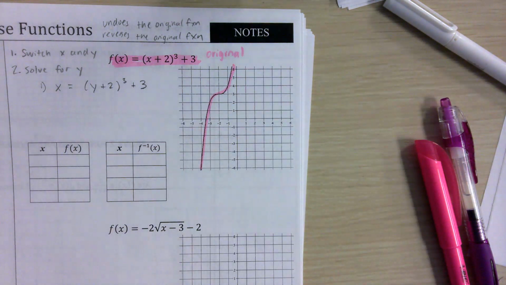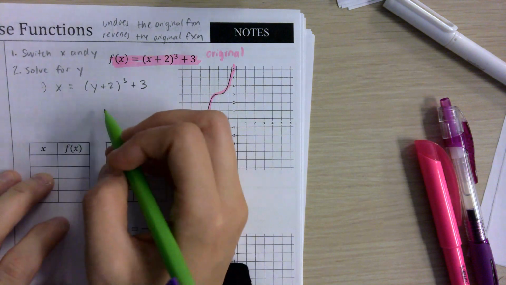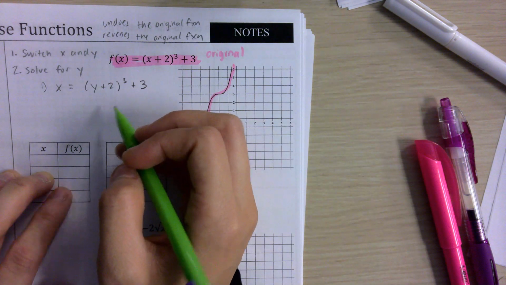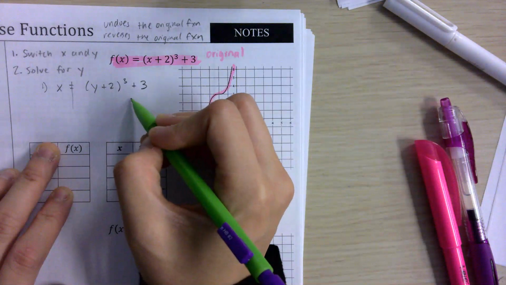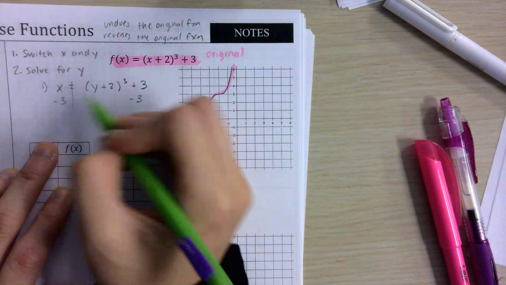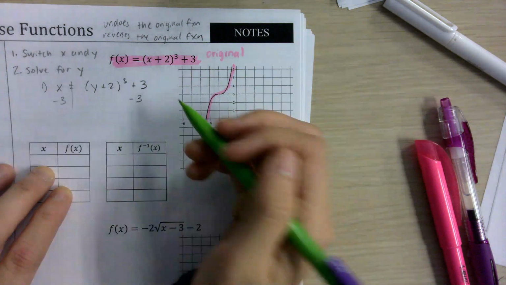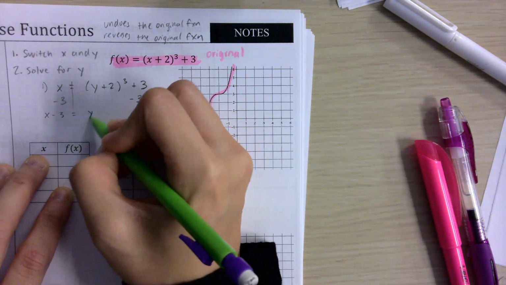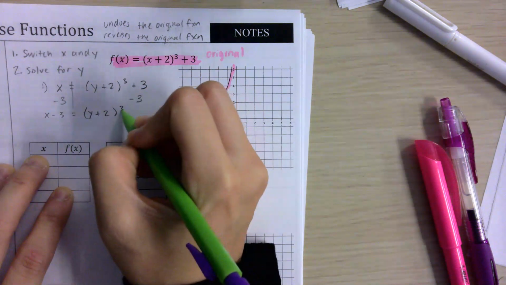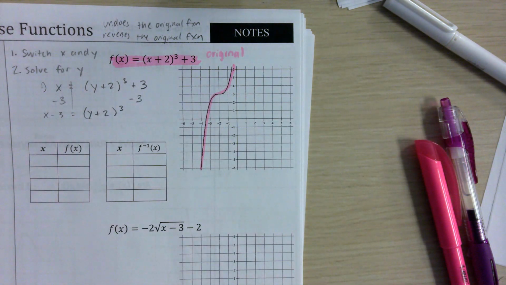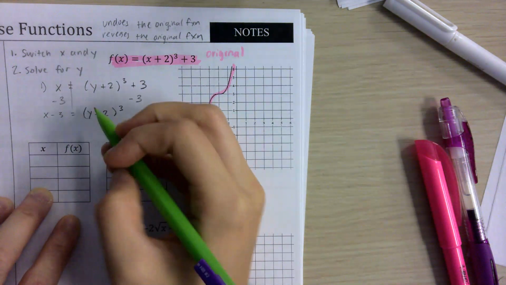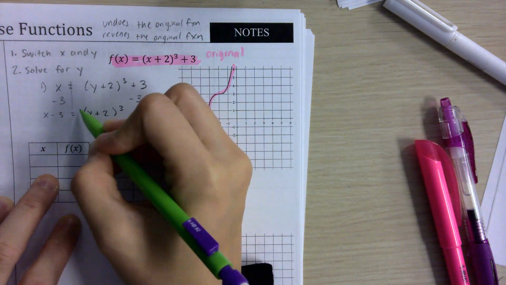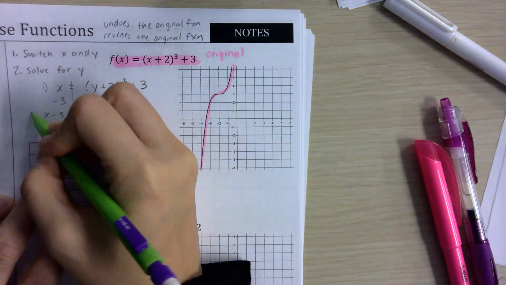So now we need to solve for y. What we want to do is subtract 3 from both sides, because we're trying to solve for y, right? So we want to get rid of the stuff around it. So we have x minus 3 equals (y plus 2) cubed. And then we want to take the cube root of everything.